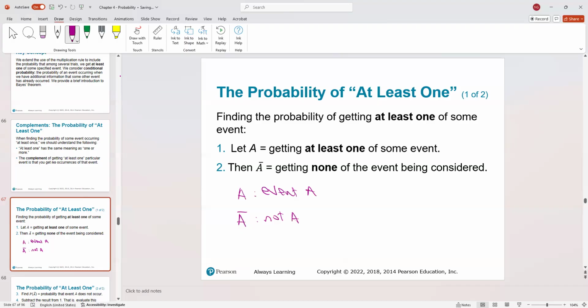So we find the probability of A by finding the probability of not A.